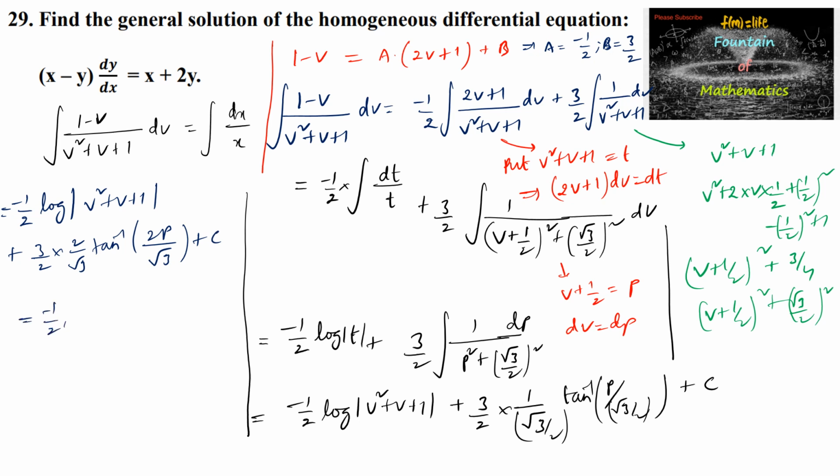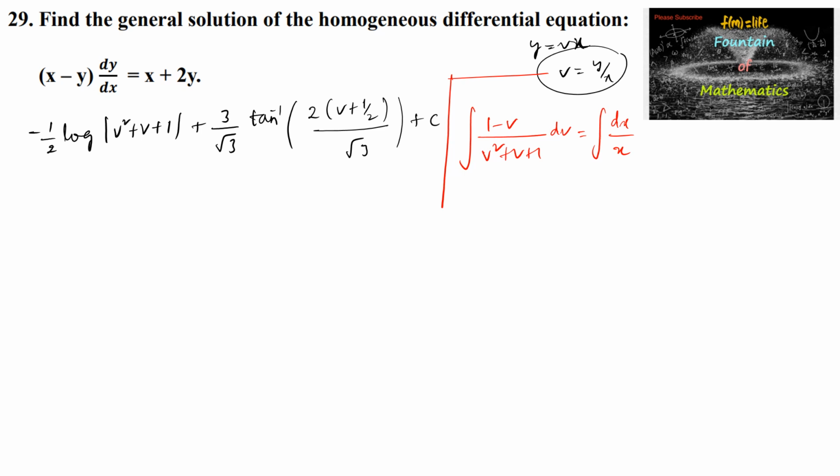Or minus 1 by 2 log mod of v square plus v plus 1 plus root 3 tan inverse of 2 into, here p is nothing but v plus 1 by 2, so 2 times of (v plus 1 by 2) divided by root 3 plus c.